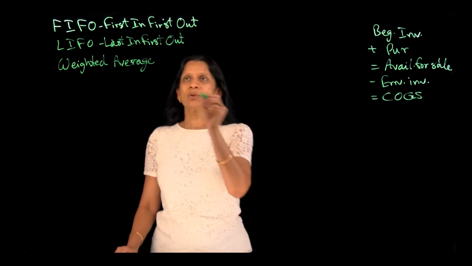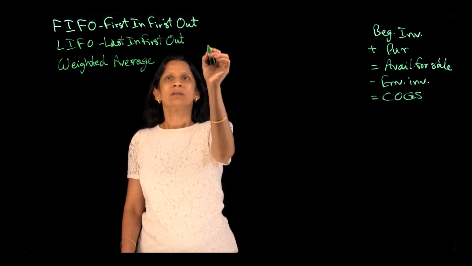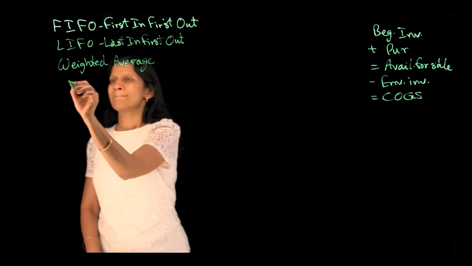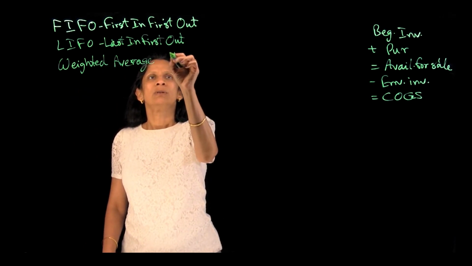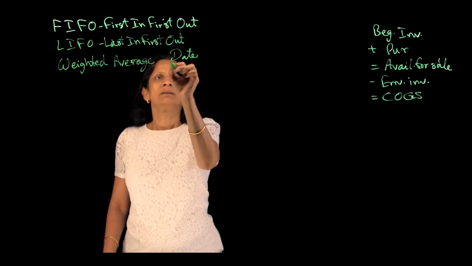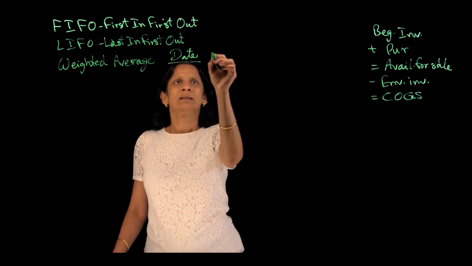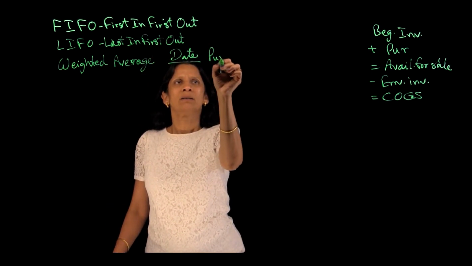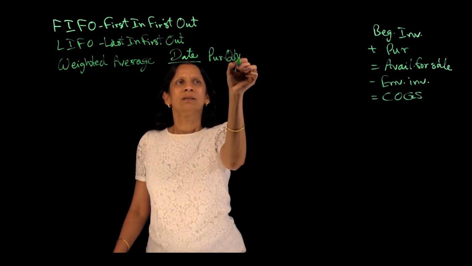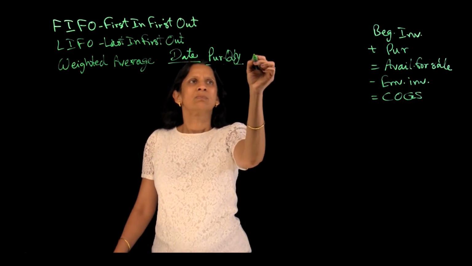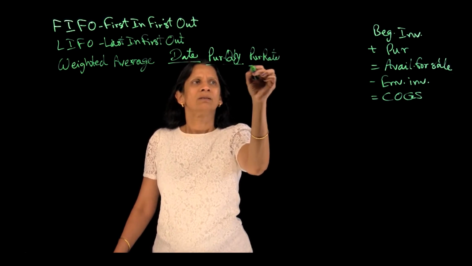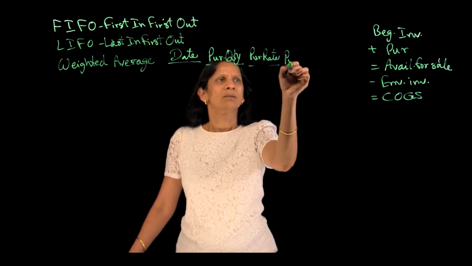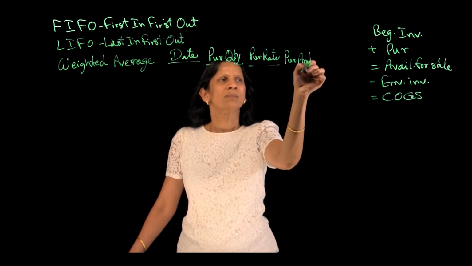So suppose as on August 1st, okay, let me write it here. So these are my dates. Then this is my purchase quantity. Then this is my purchase rate. And this is my purchase amount.